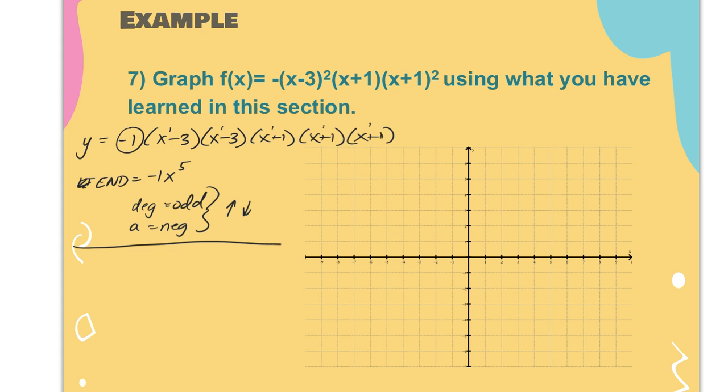When I'm calculating my zeros, this part's really easy because I basically take all those factors that have an x in them and set them equal to 0. So x minus 3 is 0, so x equals 3. I have that one 2 times. And then x plus 1 equals 0, so x equals -1, and that one shows up 3 times.